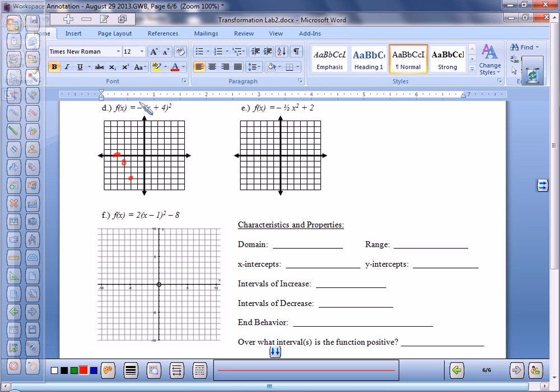So reflection over the x. If I had to describe this transformation, I would say it's a shift left 4 units and a reflection over the x-axis.